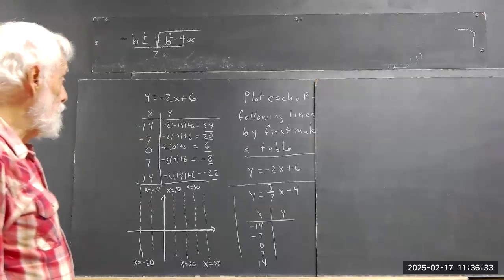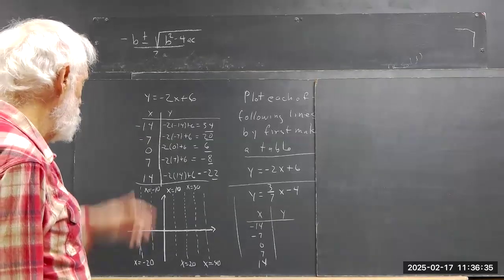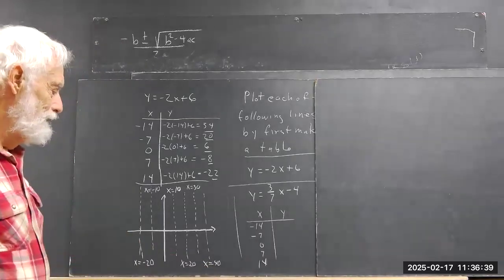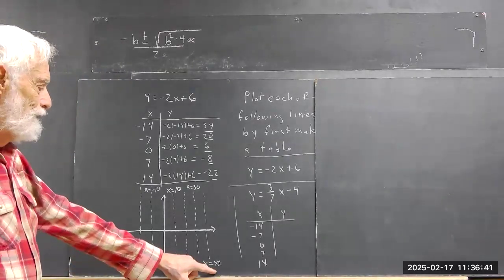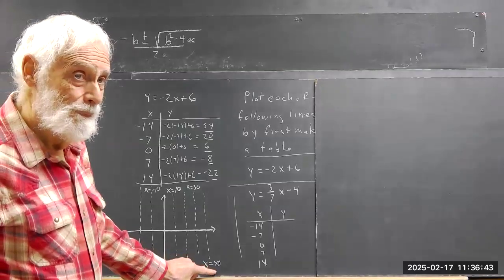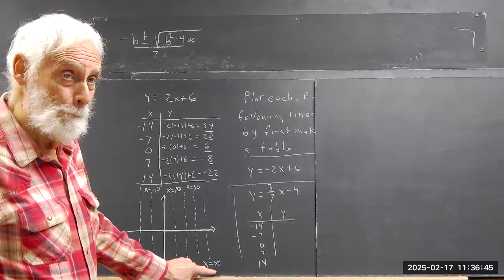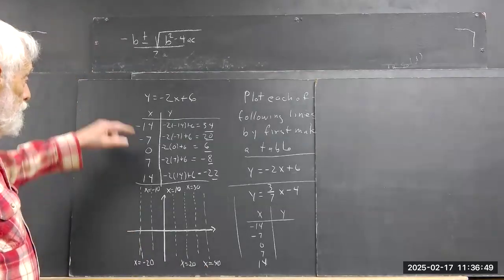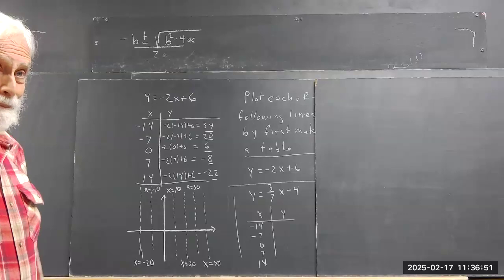Then, you know, I did something really ignorant there. I labeled X's out to 40, right? I don't need X values out to 40. I only need X values at 14.